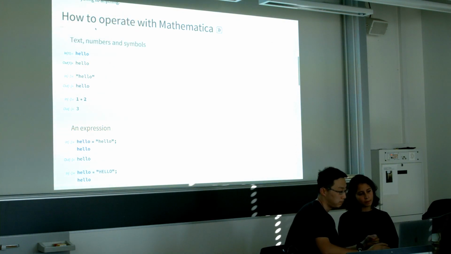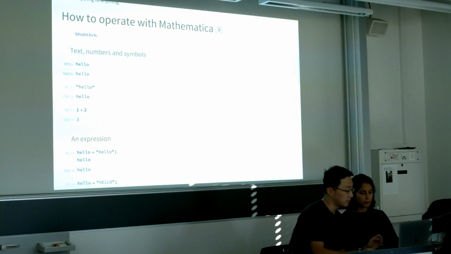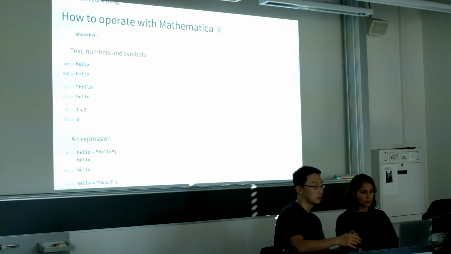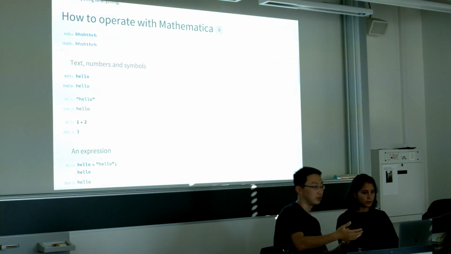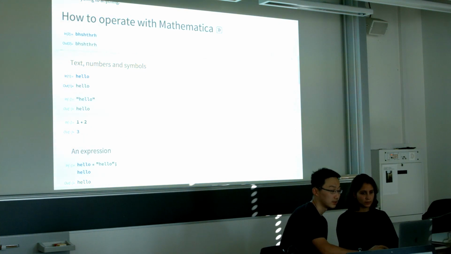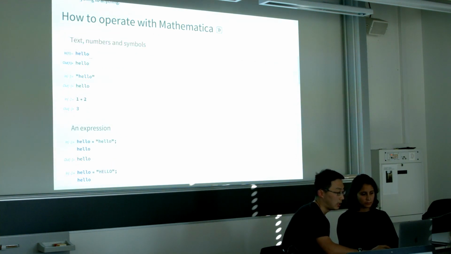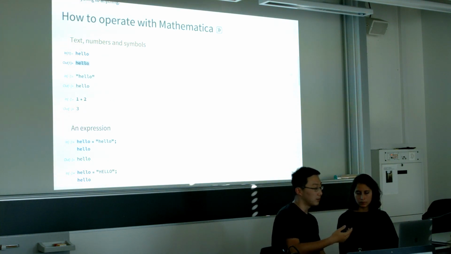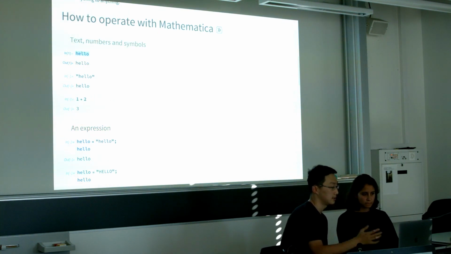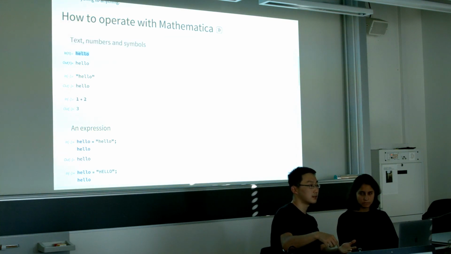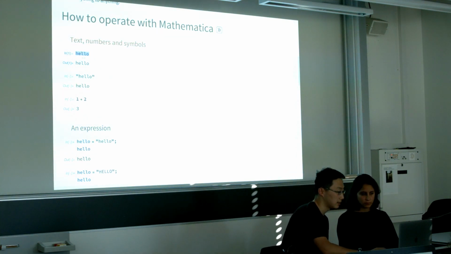But by default, if you type anything from the beginning, the cell is always runnable, so you can press Shift Enter and run the content of the cell. If you type hello here, the output will be simply hello itself, because hello here means a symbol. You name this symbol hello, and it contains nothing.